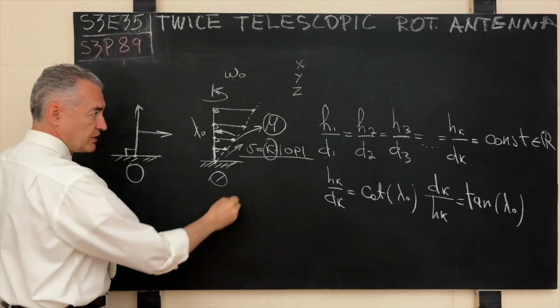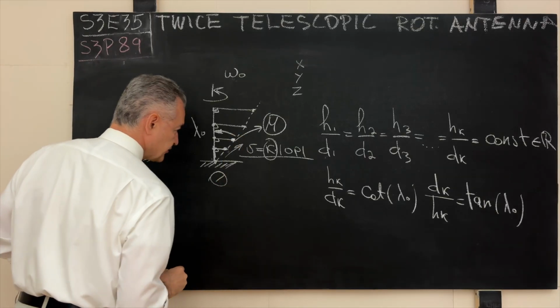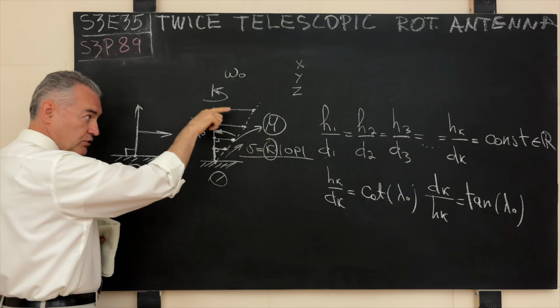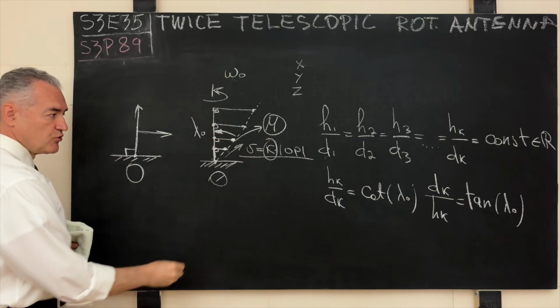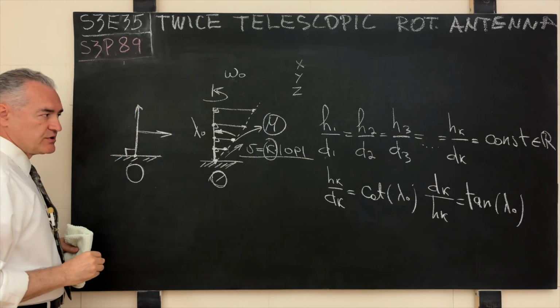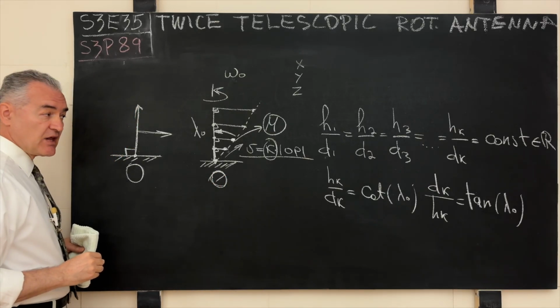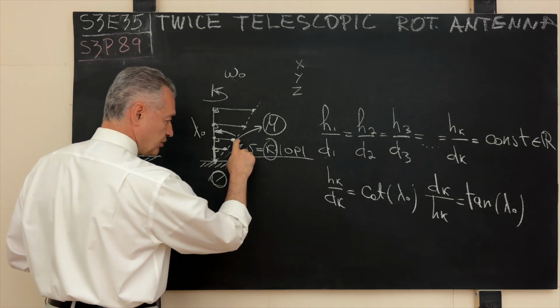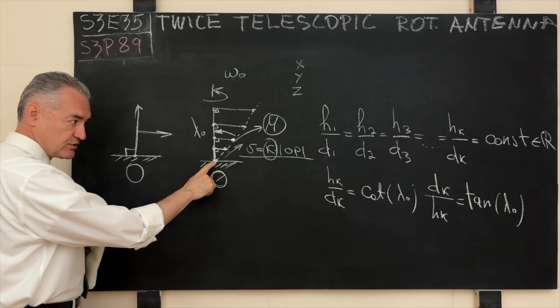And we're also told that this point that sits on the far side of the horizontal telescoping out arm of our contraption is moving away from the base of the antenna, which we can designate with the letter O, with a velocity that is linearly proportional to the distance of that point from the origin.